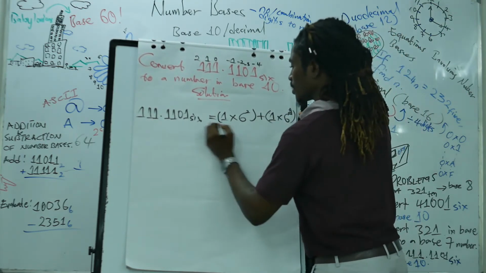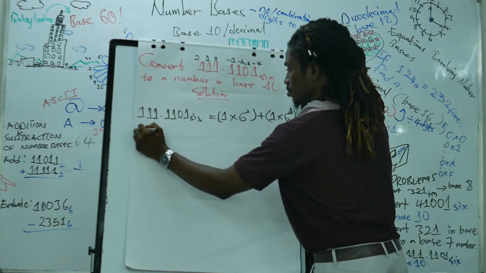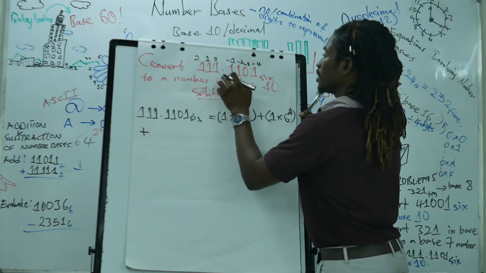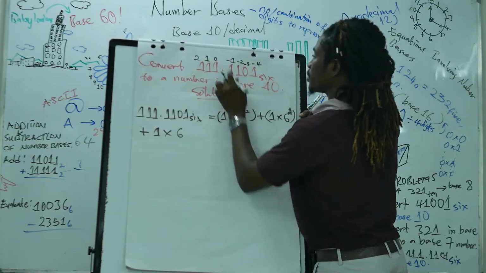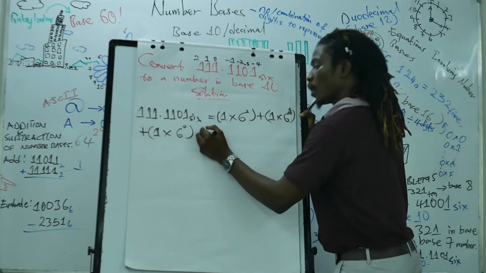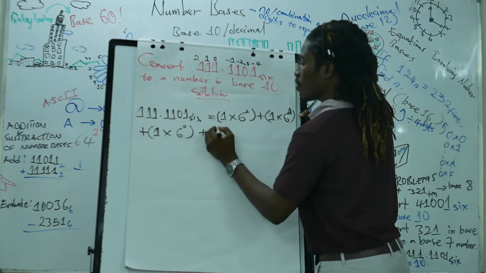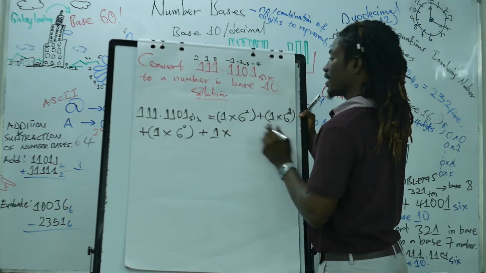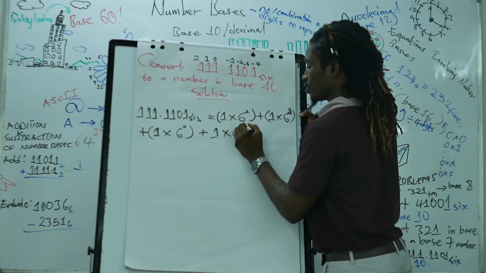The next number is 1 multiplied by 6 raised to the power 0. Plus, we move to the fractional part now. This is going to be 1 multiplied by the base 6 raised to the power minus 1.